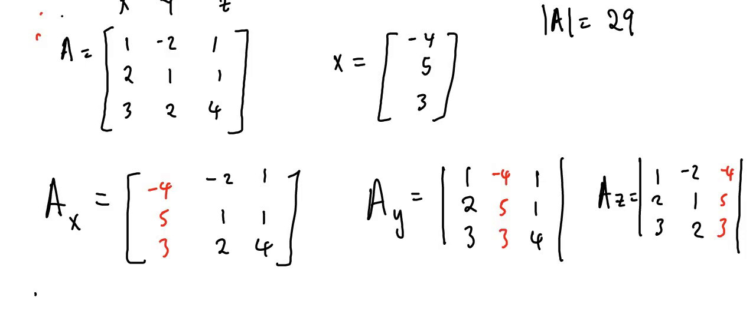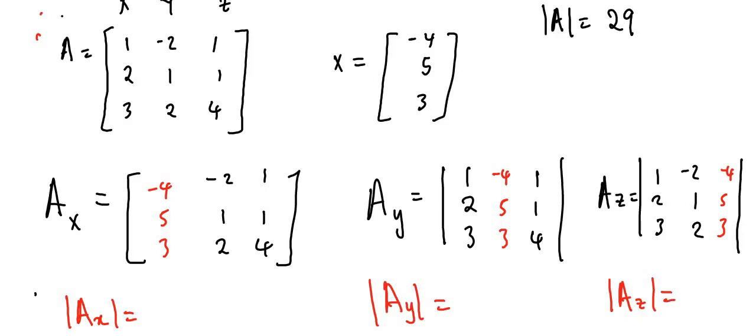Once you create them, we now have to get the determinant of each matrix. When we get the determinant of AX, we need to get the answer here. The determinant of AY, we need to get the answer here. The determinant of AZ, we have to get the answer here.